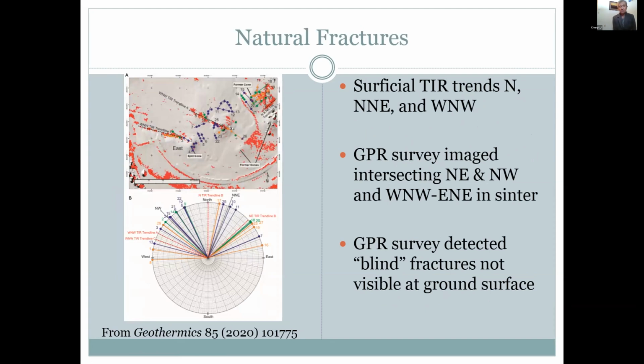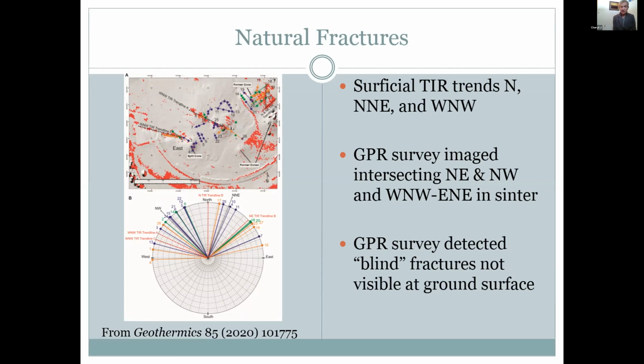And so when we put all this information together, you have a picture of natural fractures, both seen on the surface, for example, on places like Split Cone and some of the other geyser cones, or just in the area on the surface. And then you also have the mapped superficial thermal IR trends from the night calibrated thermal infrared imagery that are north, north-northeast, and west-northwest trends.